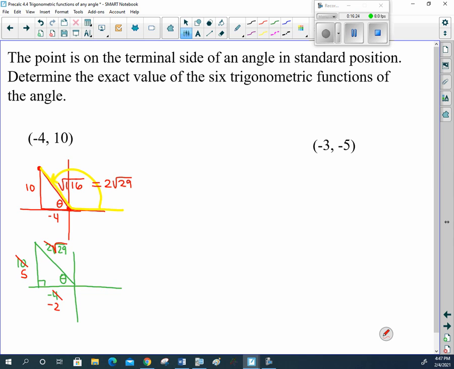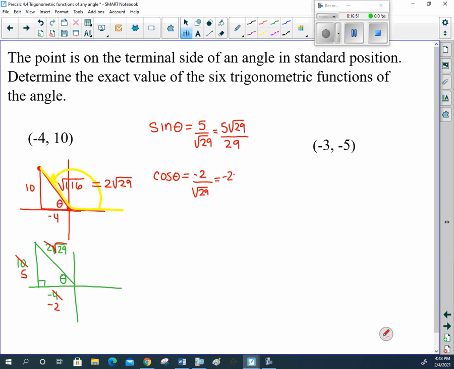So now when I do my 6 trig functions, sine theta is going to be opposite over hypotenuse. Then I'm going to rationalize that, and that's 5 square root of 29 over 29. Cosine theta is the adjacent side, so negative 2 over the hypotenuse.